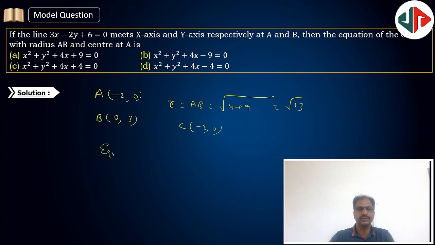So what is the equation of circle then? X plus 2 whole square, y minus 0 whole square is equal to 13. So x square plus y square plus 4x plus 4 minus 13, which is minus 9, is equal to 0.